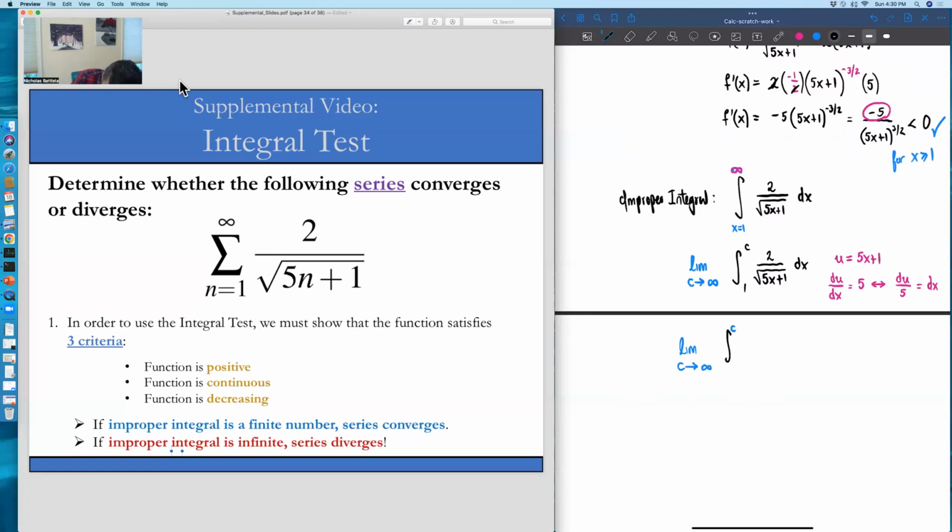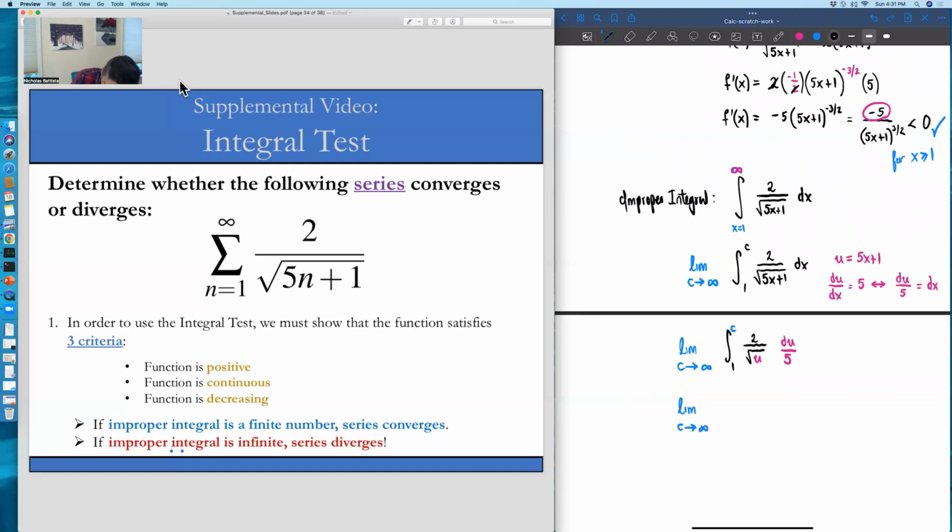So our integral from still x equals 1 to c, we now have is 2 over the square root of u times du over 5, which was originally our dx. So from here, we can go forward with the integration. So we have this as the limit as c goes to infinity.